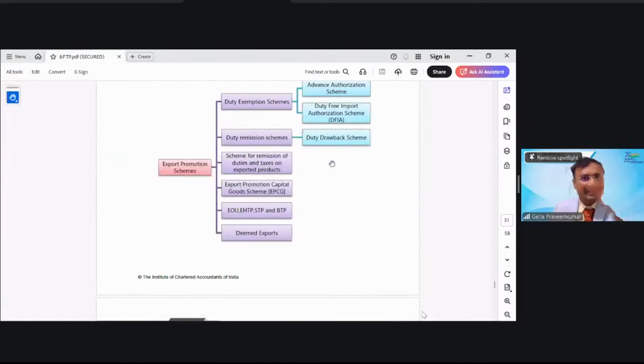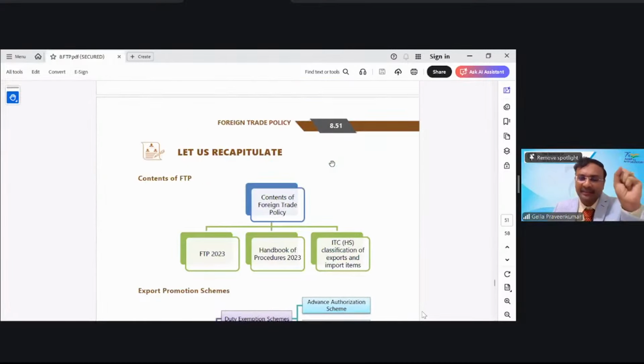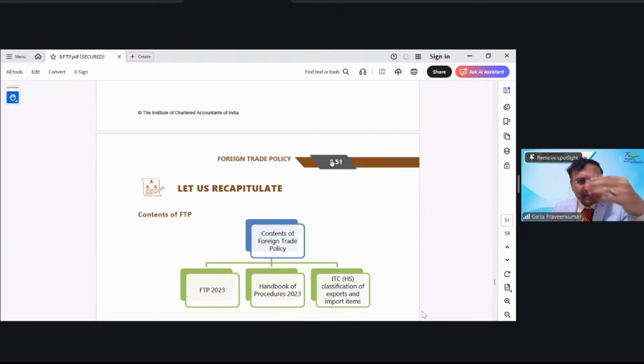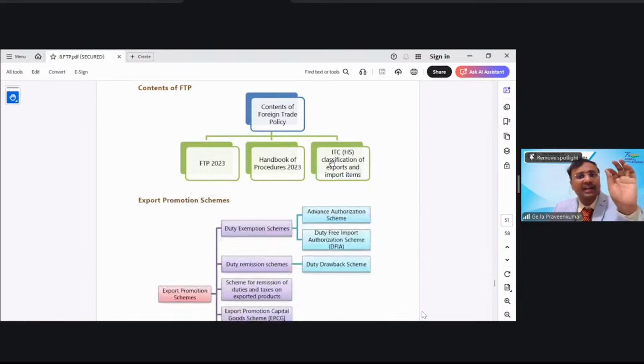The way these recapitulation provisions are there under customs and foreign trade, don't miss out. Point number two, your MCQs from the previous examinations, and whatever classes you have attended online, where we made you make running notes. Those are important areas you need to focus on for revision for your examinations, right?